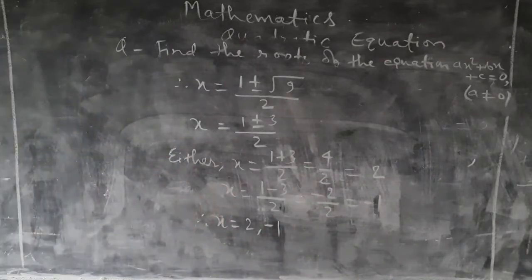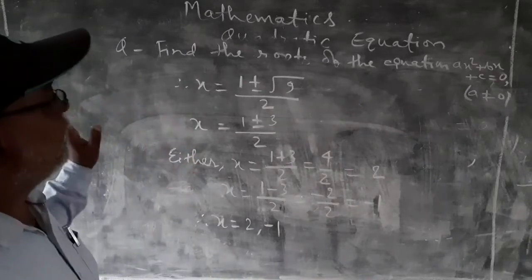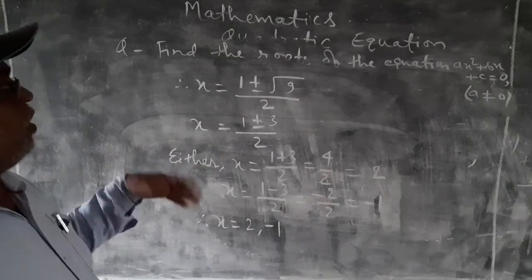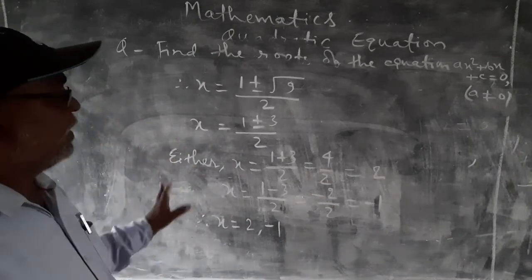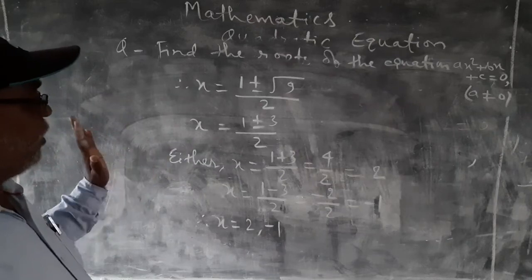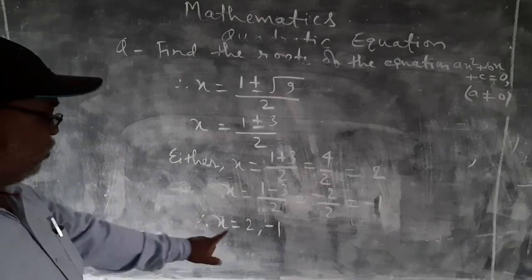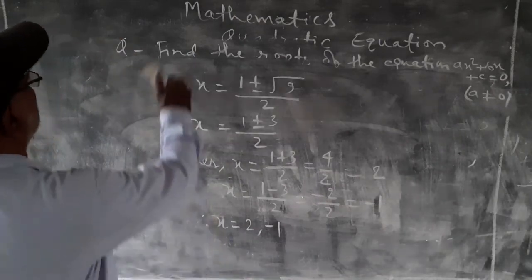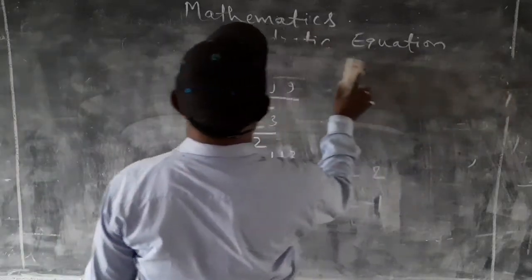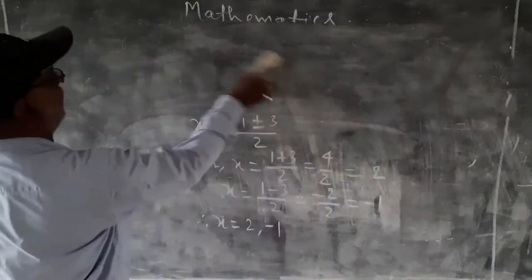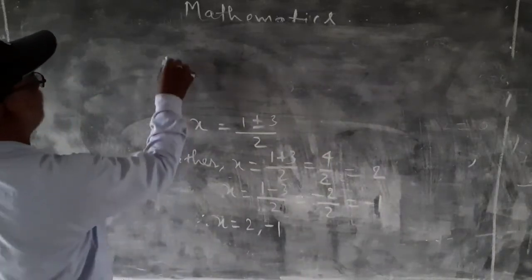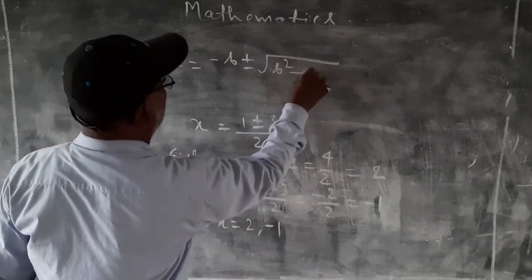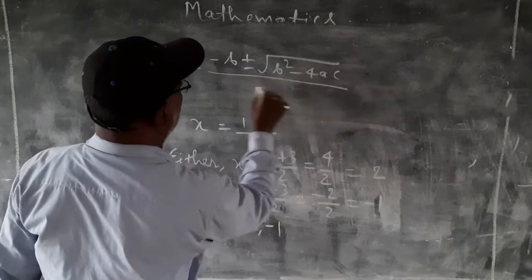These are the roots. Now, you have seen that whether we solve by the factorization method or by the completing square method, the same result is obtained, that is x equal to 2 or minus 1. With the completing square method, the general equation is solved, and we got the formula x equal to minus b plus minus under root b square minus 4ac divided by 2a.